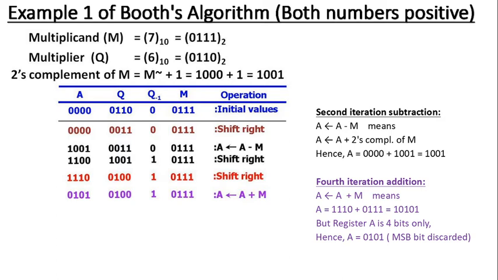So after addition in the 4th iteration, I am getting A equal to 0101. Actually that result was 5 bits, but the MSB, the 5th bit, is simply discarded and thrown away. Then the contents of register Q from the 3rd iteration are simply copied, there is no change. Similarly Q minus 1, no change.